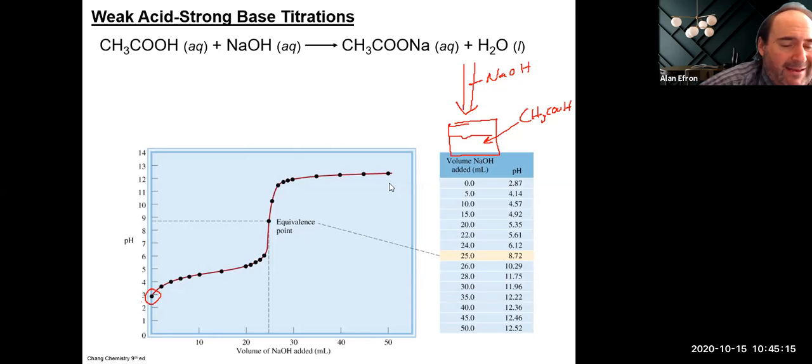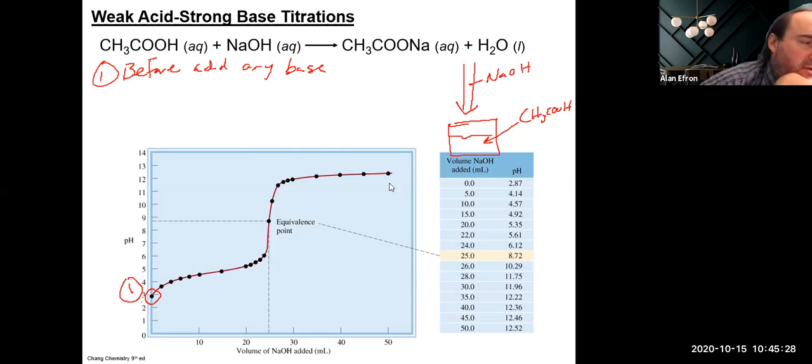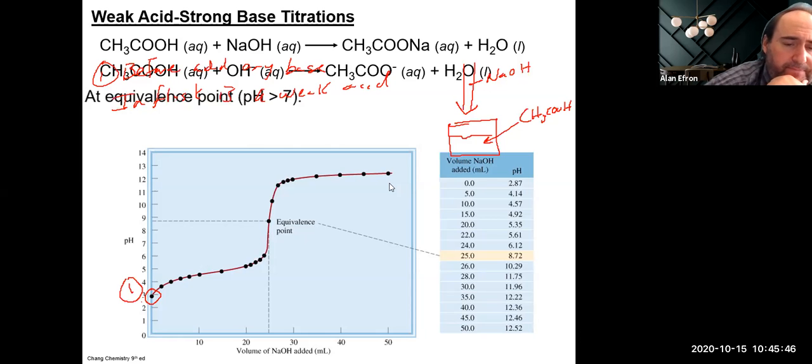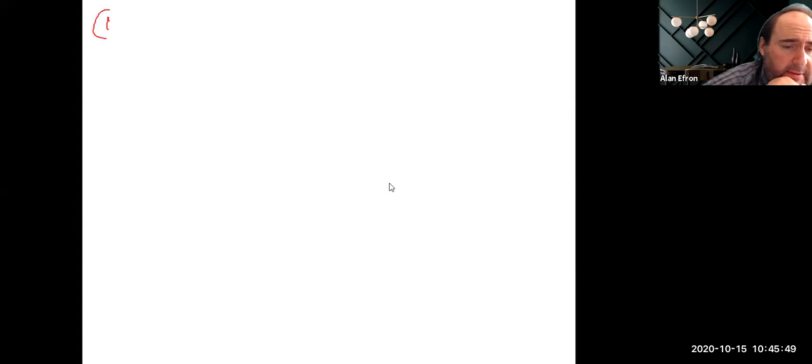So let's talk about all the different parts in this type of titration. Starting at step number 1 here, before you add any base at the very start of the titration, the only thing that you have in the flask is a weak acid, which means if you want the pH of this guy, you're going to have to do an ICE table.